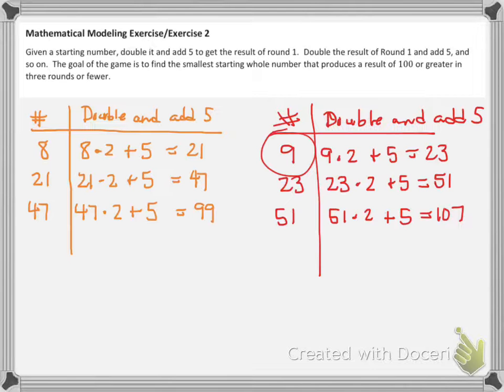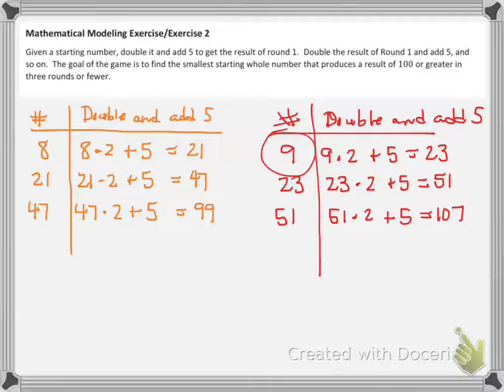Oh, by the way, what if we had to find the smallest starting number that would result in a round 3 result of 1,000? Well, that makes things a little tougher, right? I mean, we were able to guess and check on this one because we were close to begin with, so we didn't have to go too far. 1,000's a different thing.